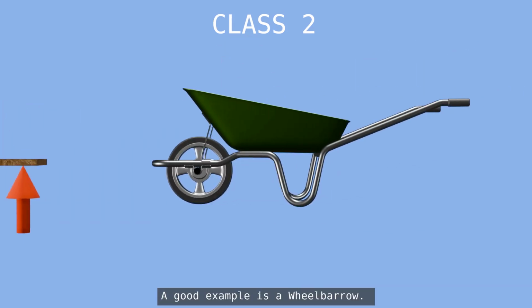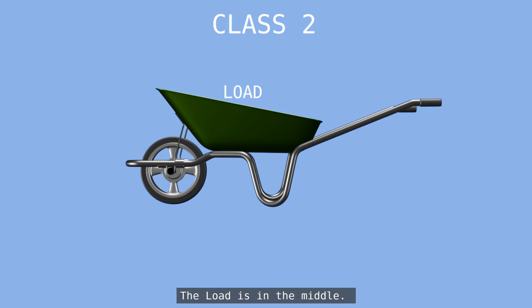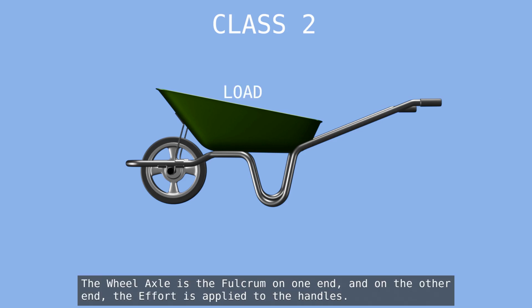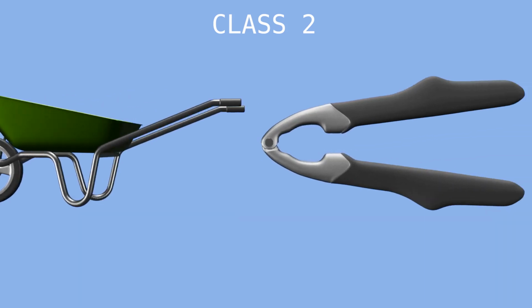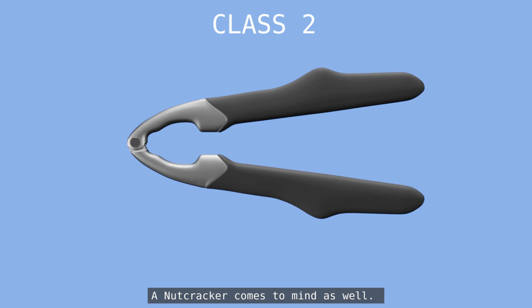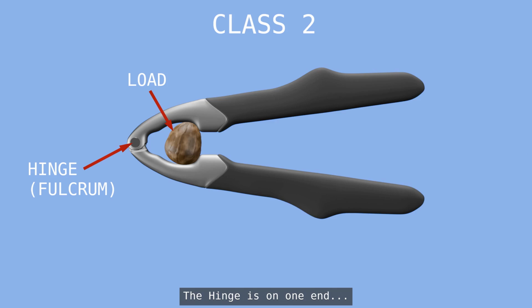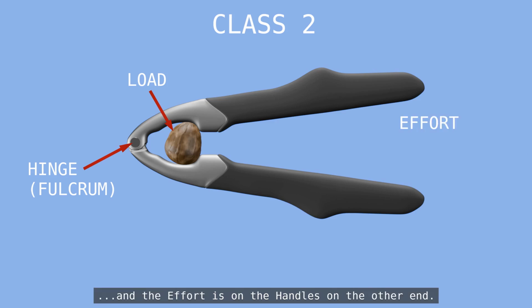A good example is a wheelbarrow. The load is in the middle, the wheel axle is the fulcrum on one end, and on the other end, the effort is applied to the handles. A nutcracker comes to mind as well. The nut is the load in the middle, the hinge is on one end, and the effort is on the handles on the other end.